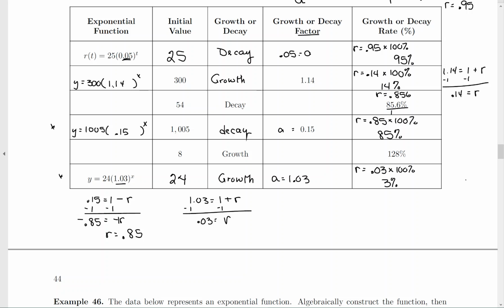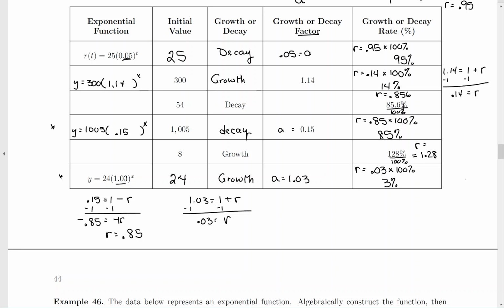If you divide by 100%, the percents cancel, and then take 85.6 divided by 100. And the same thing here. You know, divide by 100% to get rid of the percent and change it to a decimal, and it's going to become 1.28. That's your R value.